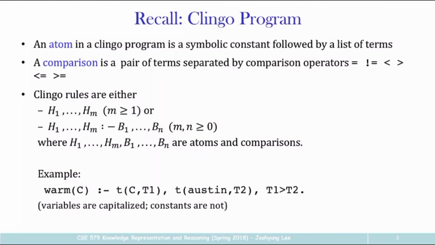Okay? So throughout today, we will use this convention. Comma separated atoms and comparisons in the head are actually a disjunction over those atoms and comparisons, and the body is a conjunction of those atoms and comparisons. It might be a bit confusing sometimes, but there is a reason that the designers of the Clingo language chose this way.